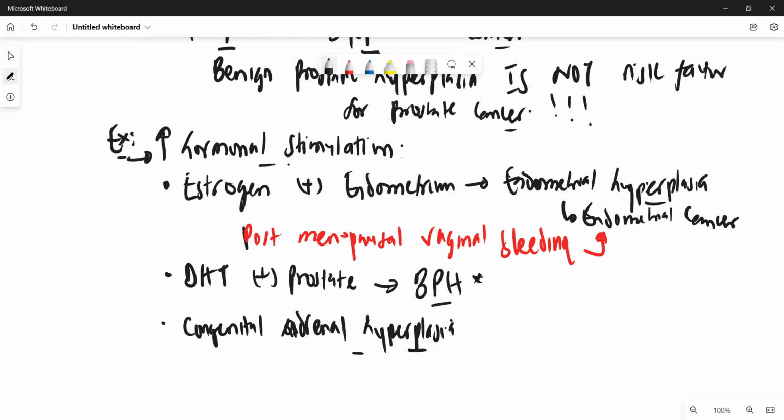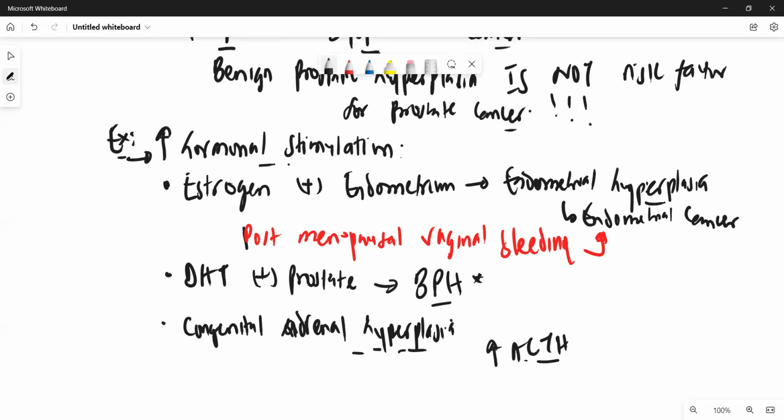In patients who have congenital adrenal hyperplasia, because of the enzyme deficiency in the adrenal gland, there is a decrease in cortisol production, and less negative feedback to the hypothalamus and pituitary. As a result, there's an increase in ACTH production. This ACTH stimulates both of the adrenal glands continuously, and that creates hyperplasia. So increased ACTH stimulating the adrenal gland.